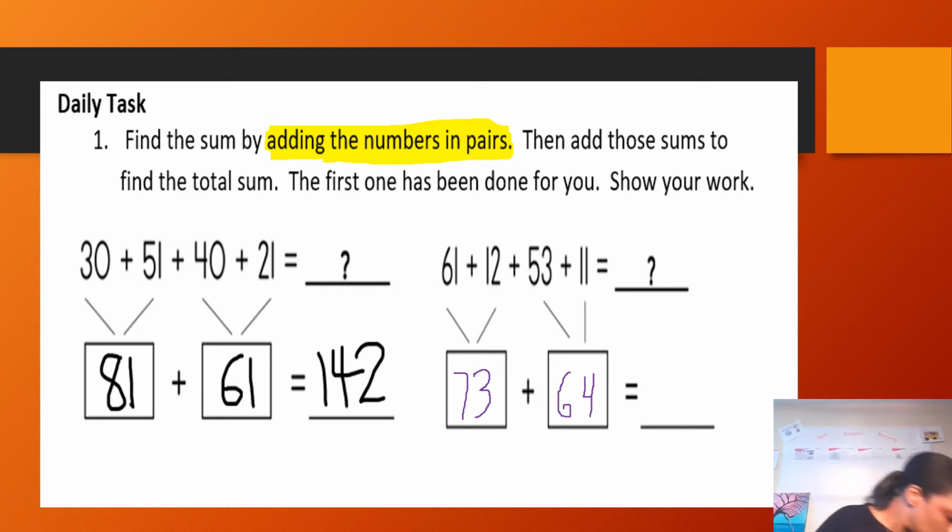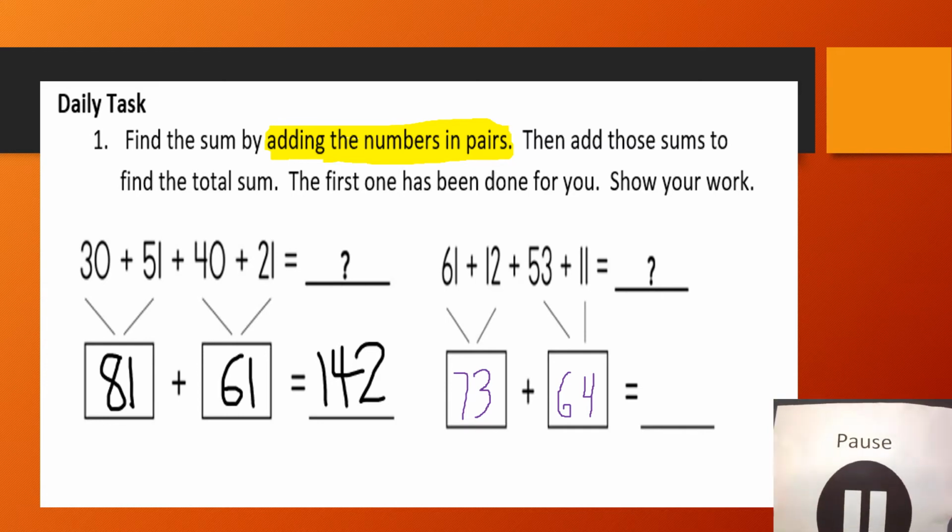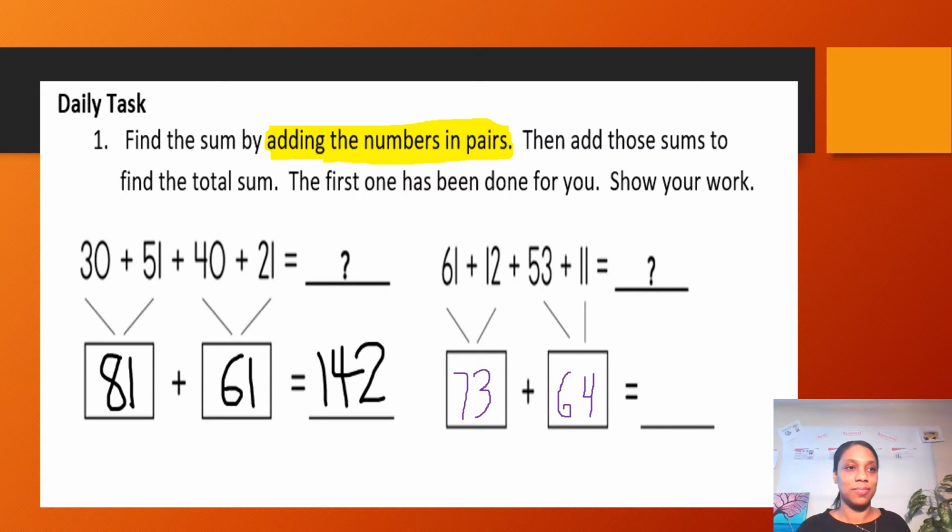So I need you to press pause again. Your final answer should have been 137. If you have 137, your answer is correct. Thank you for trying the strategy of adding pairs of numbers. Now, let's move on to the next slide.